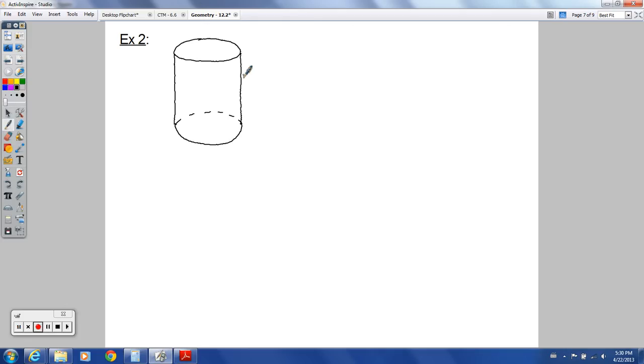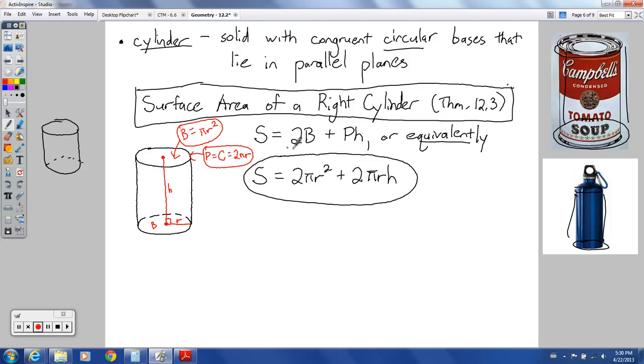Okay, so let's say I give this information to you, that the height is 8 meters and the radius is 4 meters. And I'm going to tell you that that's perpendicular there, so therefore we know it's a right cylinder. So we can go back to the formula. I'm not going to use this, although this is the idea.